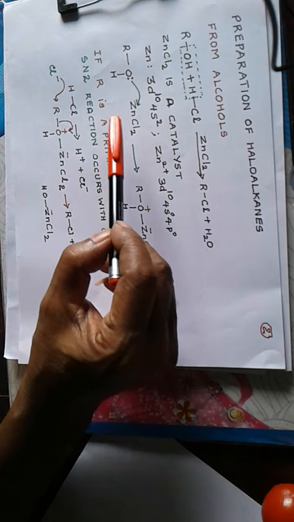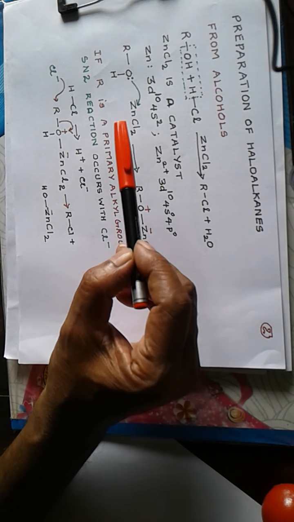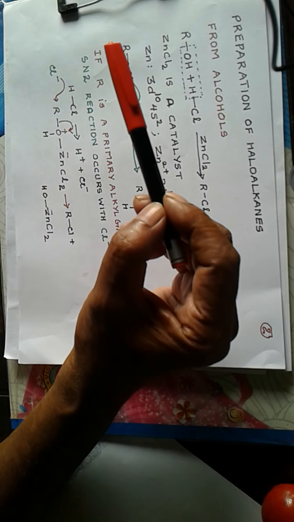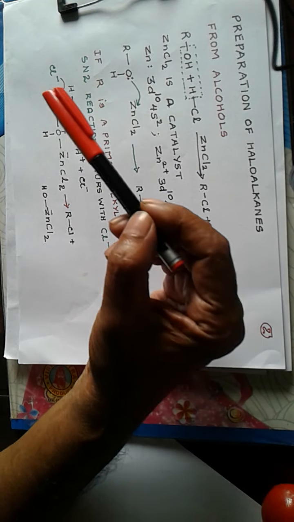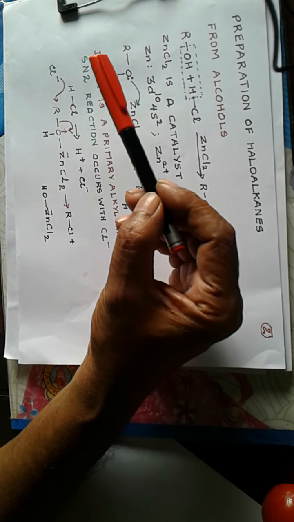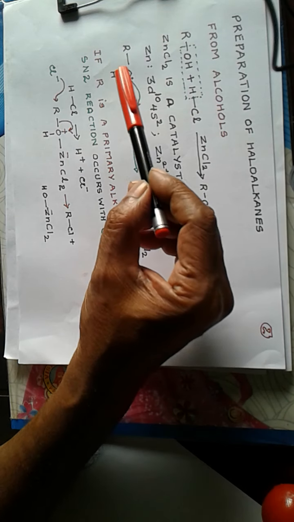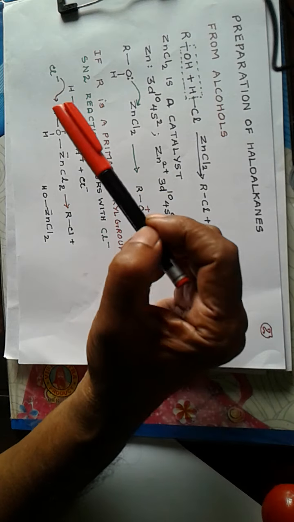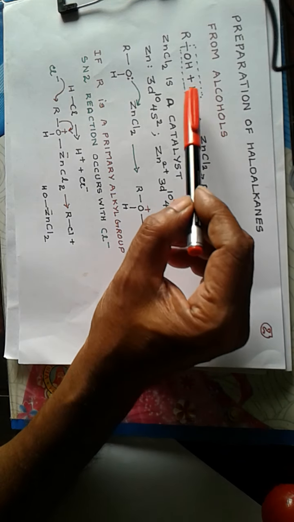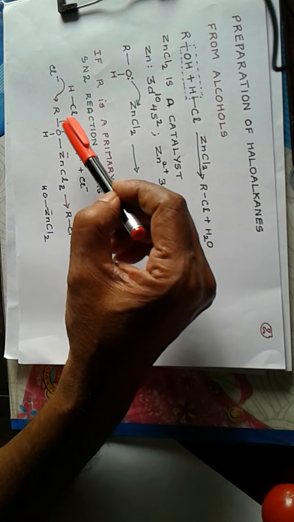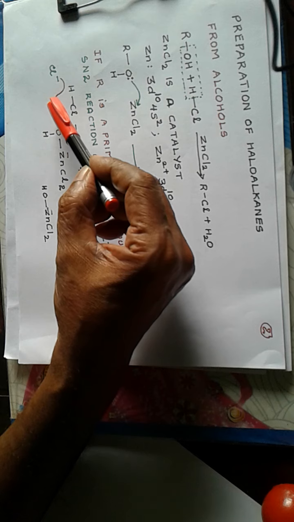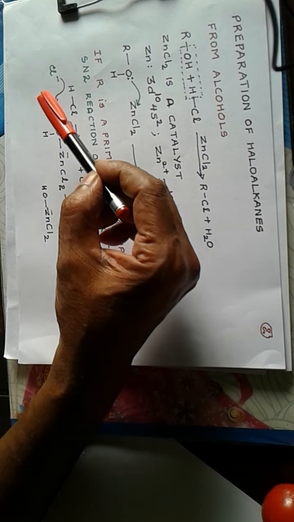Now there are two cases to be considered. If R is a primary alkyl group, for example the methyl group, then it is unable to form a carbocation. So an SN2 reaction results. Here the HCl molecule ionizes into H+ and Cl-. Now Cl- attacks R from the back side.